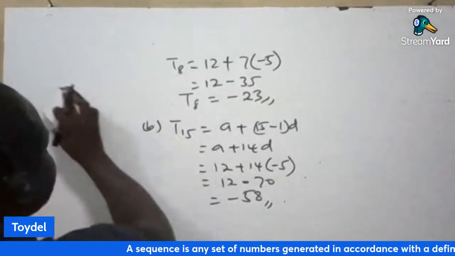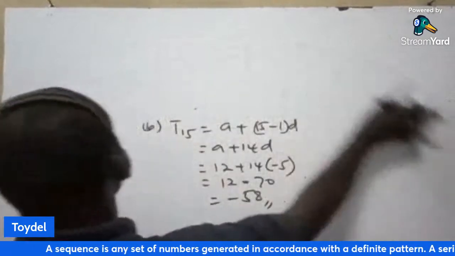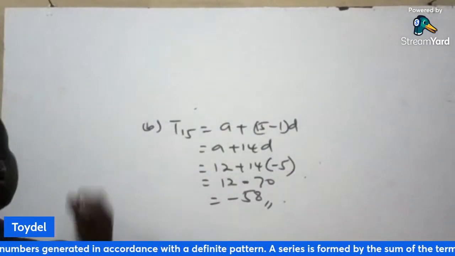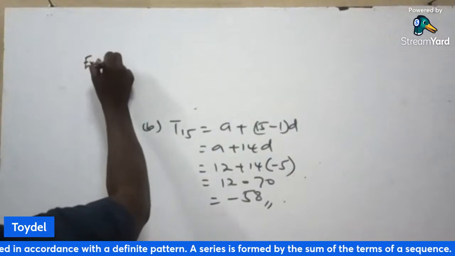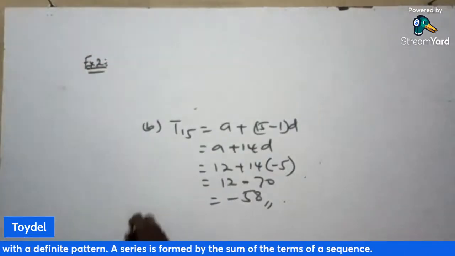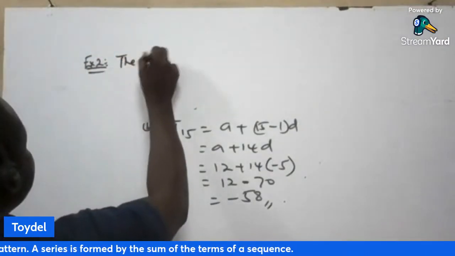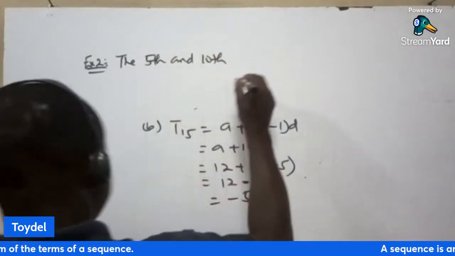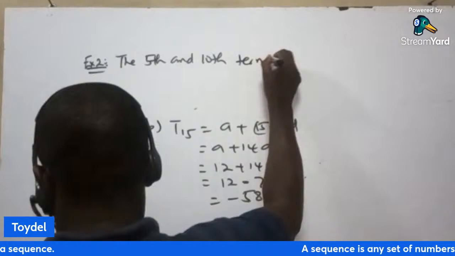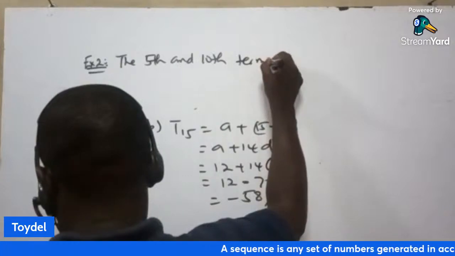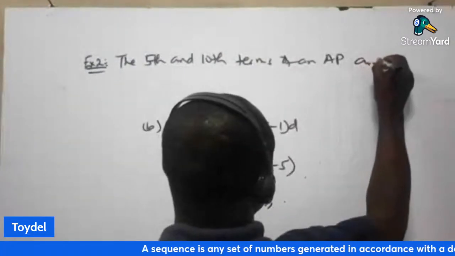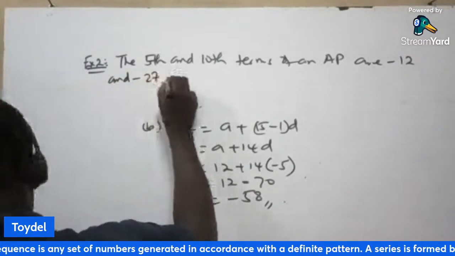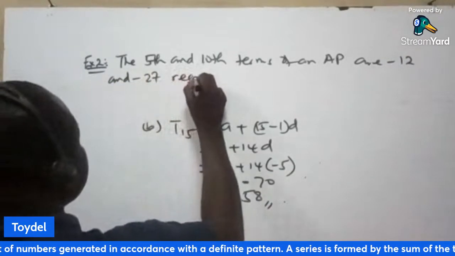So we take another example. Let's take another example before I go to exponential sequence or geometric progression. Example 2. In this case now, we are given that the 5th and 10th terms of an arithmetic progression are minus 12 and minus 27 respectively.